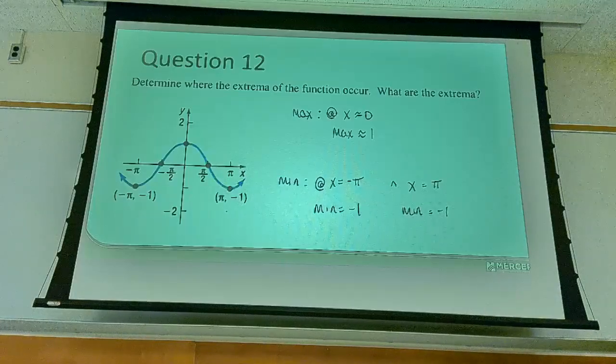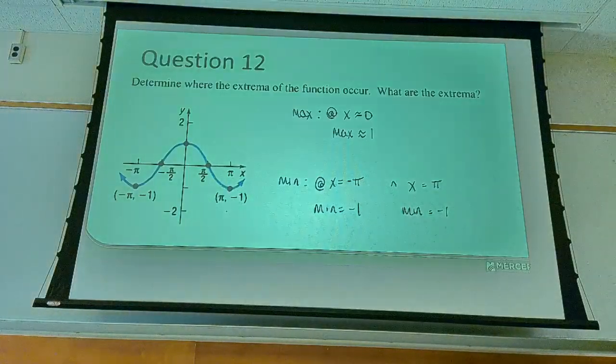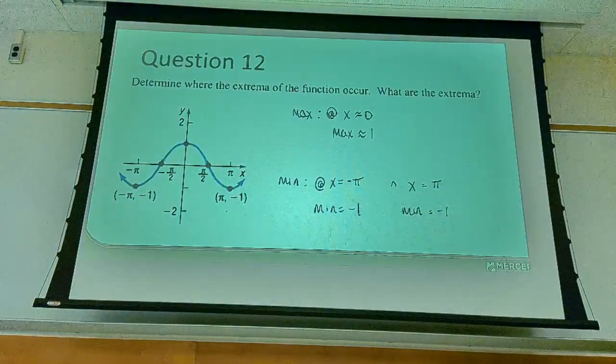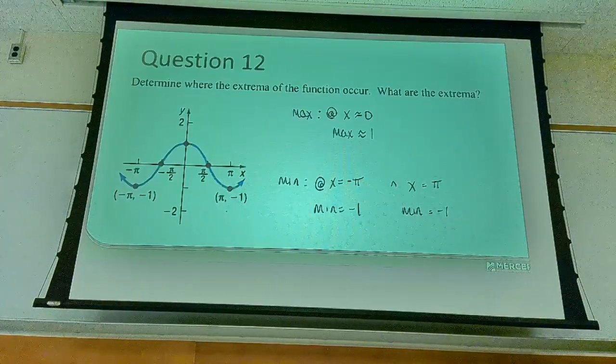Can you also put approximately less than or equal to 1? No, because that covers a whole range of values. And also because it's not drawn to scale, I don't actually know that.